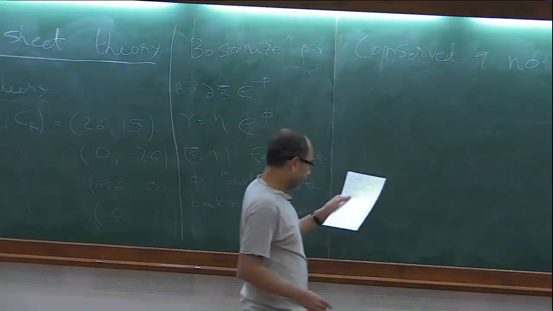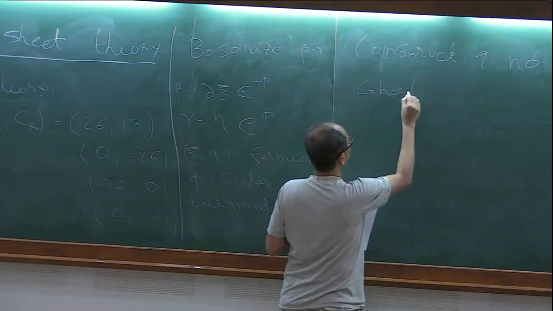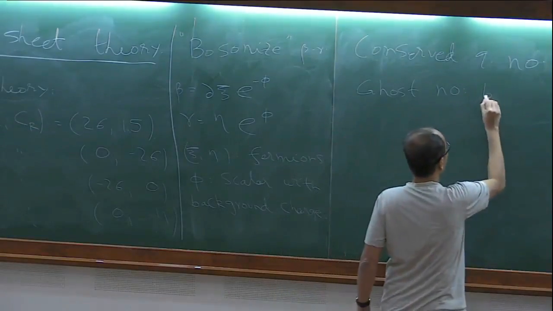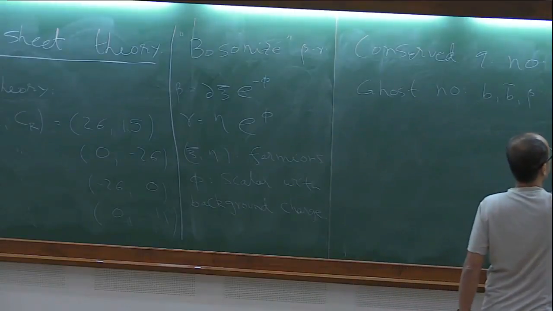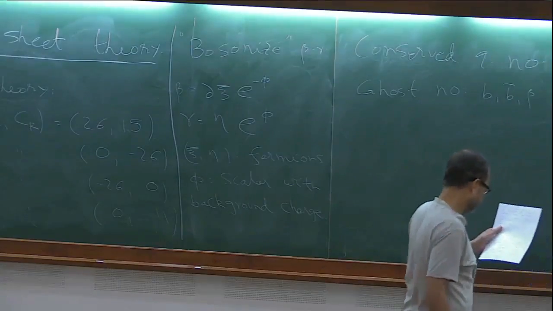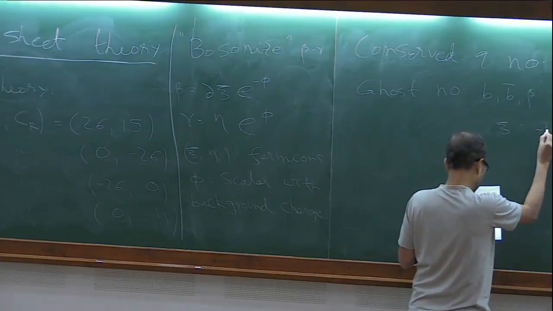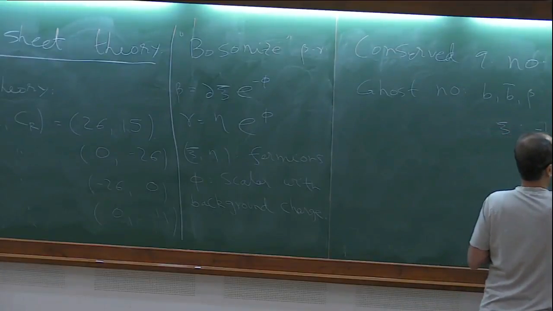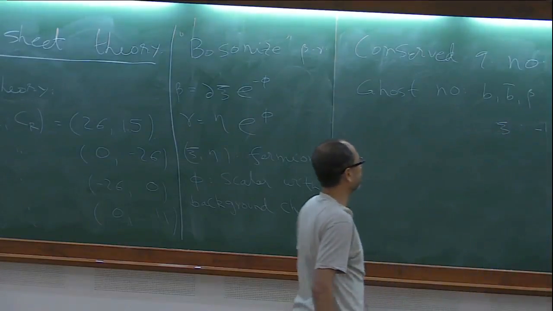So the conserved quantum numbers are, first, we assign ghost number. This is taken to be -1 for b, b bar and beta, and +1 for c, c bar and gamma. In terms of xi, eta, xi has -1, eta has 1, and e to the q phi has 0, for any q.